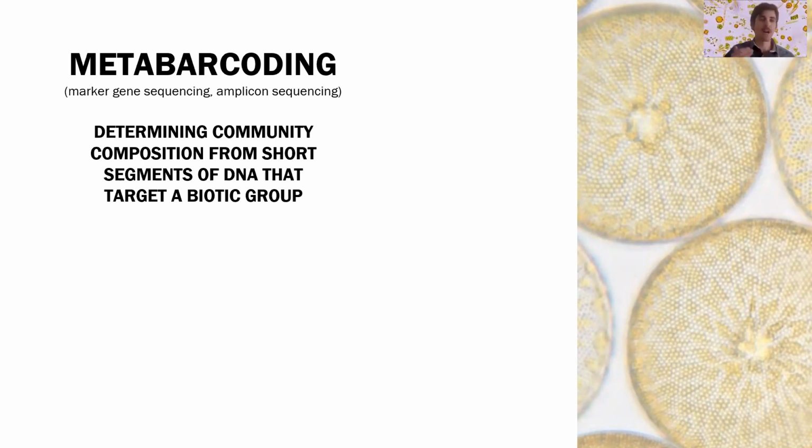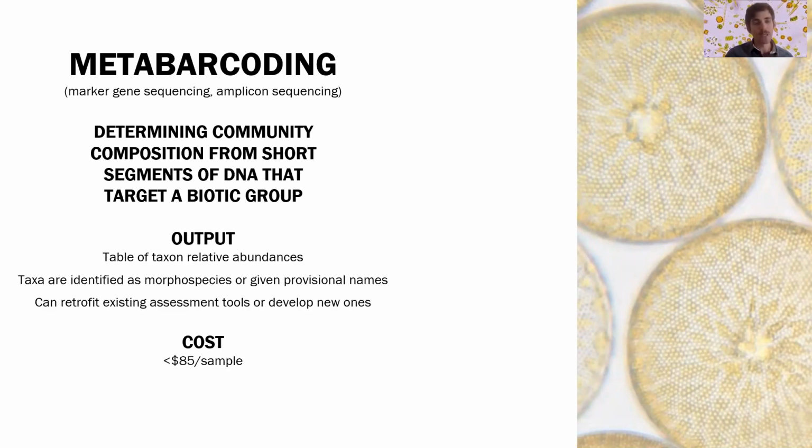Those are all synonymous terms. And what you're doing is looking at those segments of DNA for everything in the community that you sampled. What you get from metabarcoding is a table of taxon relative abundances in which taxa are identified either as morphospecies or given provisional names that are unique to the DNA sequence.